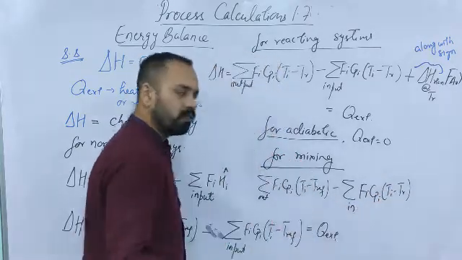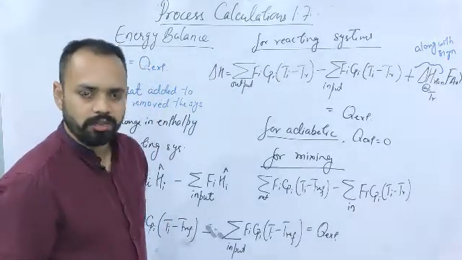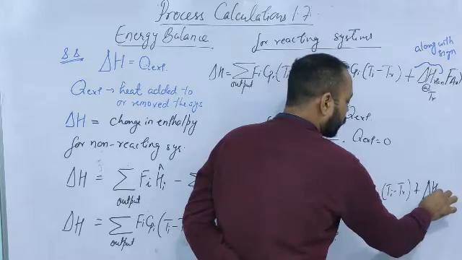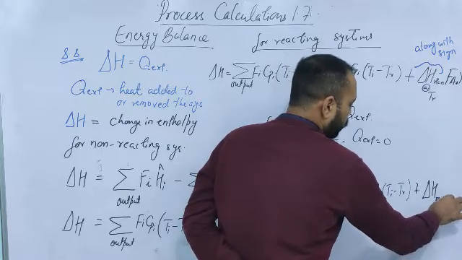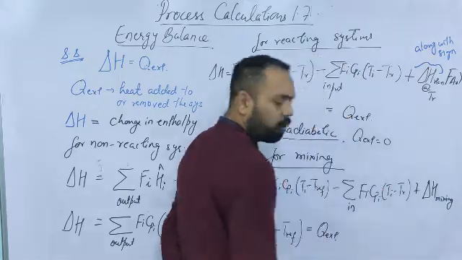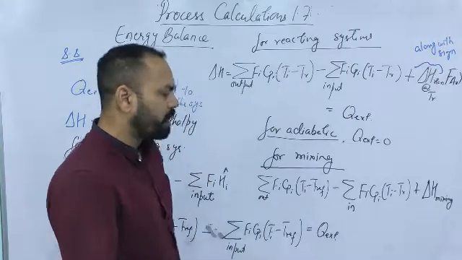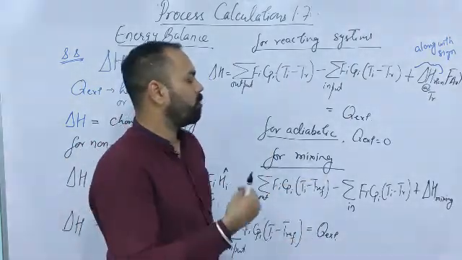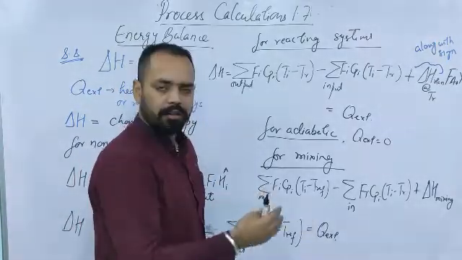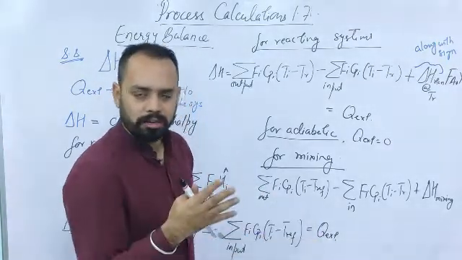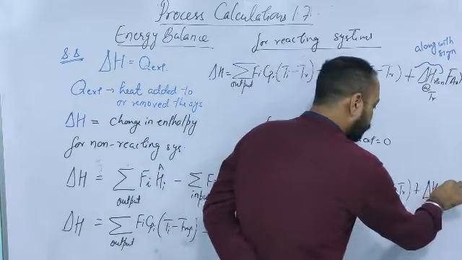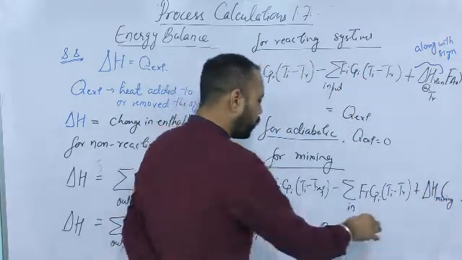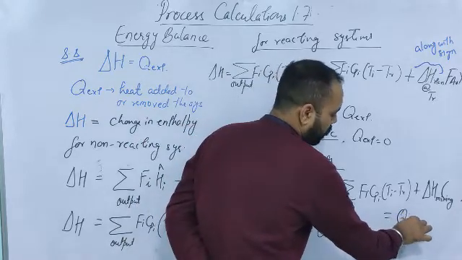Now there is no reaction, so I cannot write enthalpy of reaction into Fa0 into Xa, but definitely there is some enthalpy of mixing, right? So whatever enthalpy it is, you just add it in this equation. If it is enthalpy of neutralization, add it. If it is enthalpy of decomposition, add it. Now this thing must be multiplied by some quantity. I'll explain why, and this is equal to Q external.